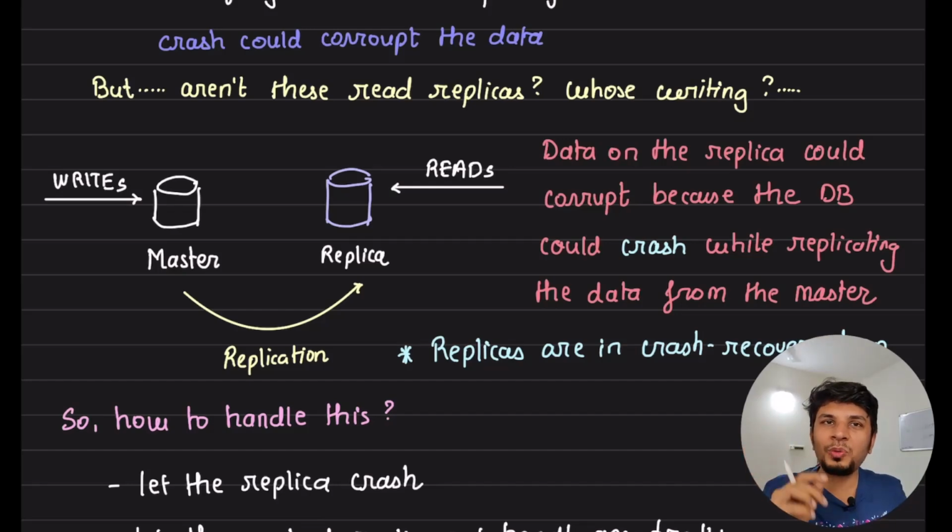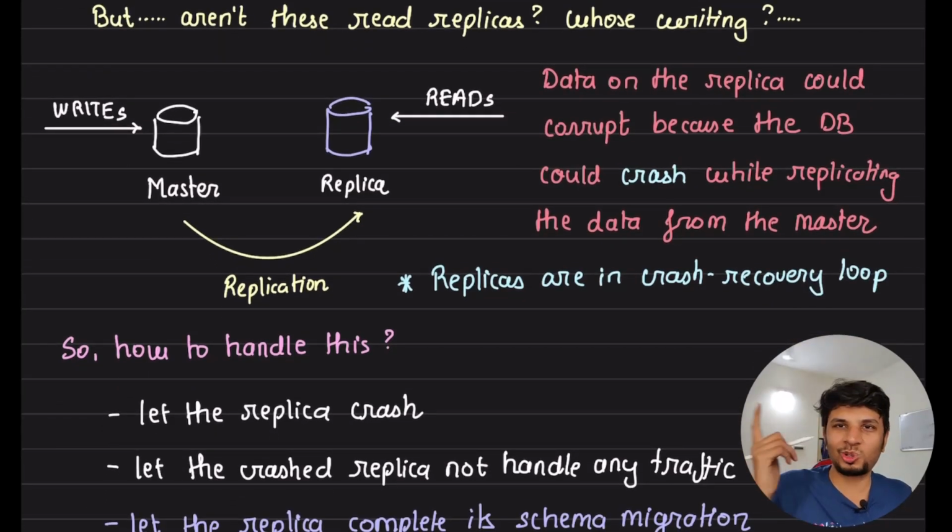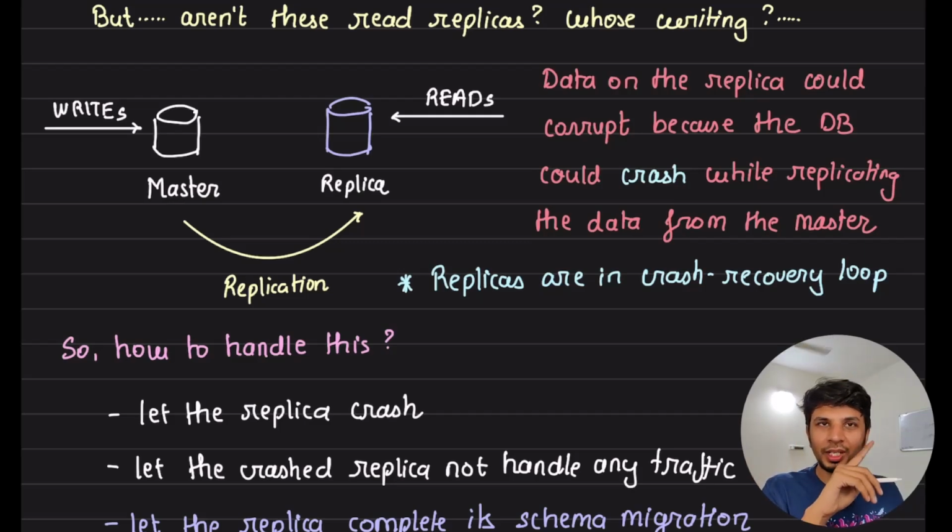You do not want your replicas to corrupt because it would take far larger effort to solve than just getting your site up and running. So in order to protect the replica from getting corrupted, they chose to let it crash and removed it from their production fleet.